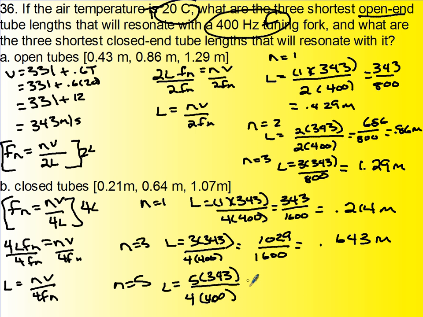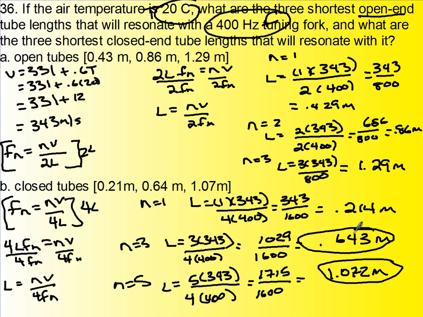Getting carried away there. 5 times 343 is 1715 divided by 1600. Okay, and 1715 divided by 1600 is 1.071 meters. So 0.214, 0.643, 1.071.